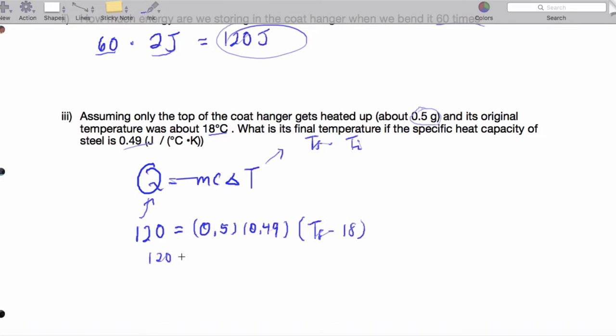So I'm going to have 120 equals, this is going to be a big number. I should have thought about that, but that's okay. That's going to be 0.245. I mean, the final answer is going to be a big number. This is a small number here, times T final minus 18. Don't FOIL anything out. I'm going to divide both sides by 0.245.